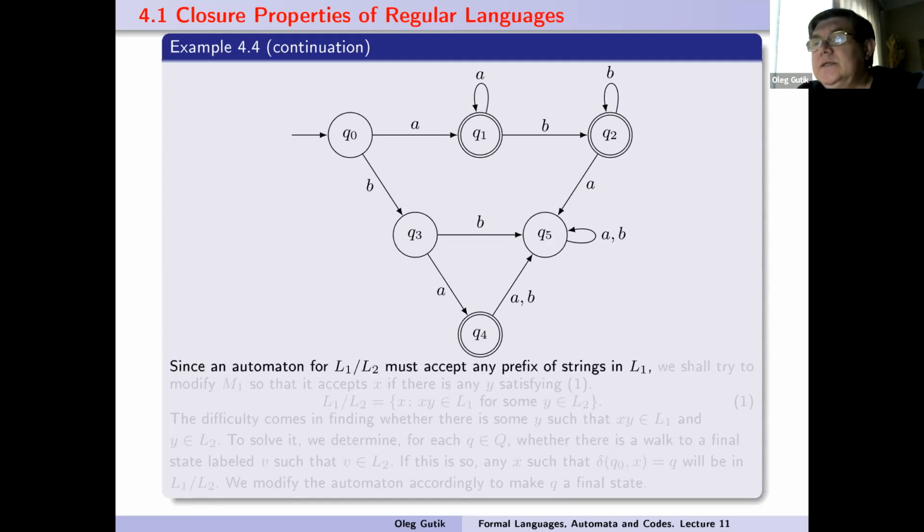Since an automaton for the right quotient of L1 with L2 must accept any prefix of a string in the language L1, we shall try to modify the automaton M1 so that it accepts x if there exists any y satisfying formula 1.